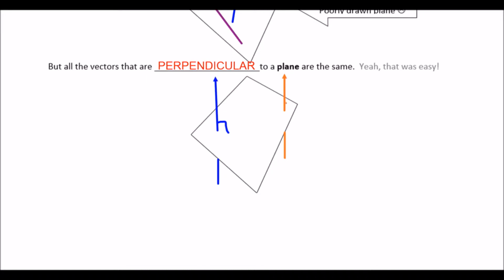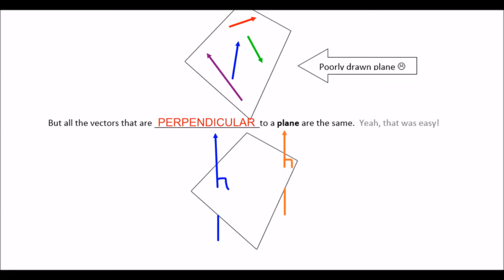But you can see that as many as I want to draw, they are all the same direction. Parallel, there are many, and they're not the same direction. Perpendicular, there's really only one. I could shift this orange vector over here and it would be the same as that blue vector.